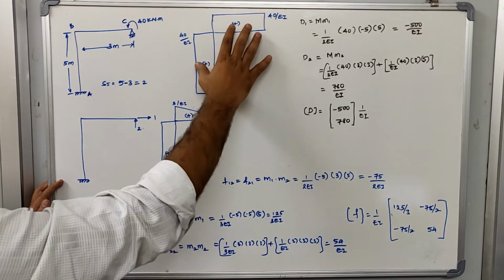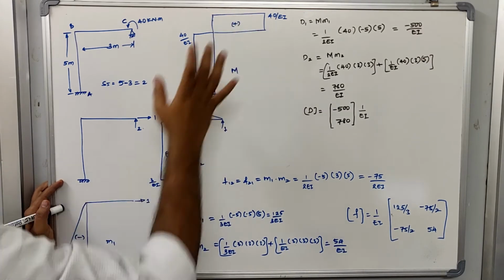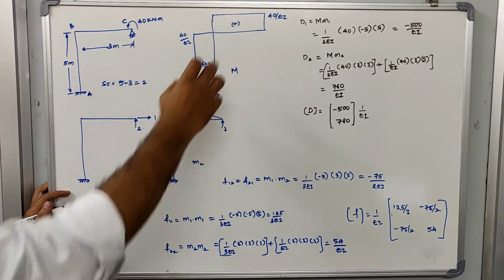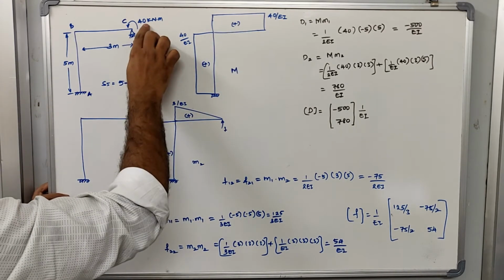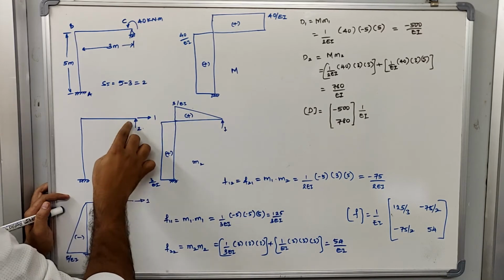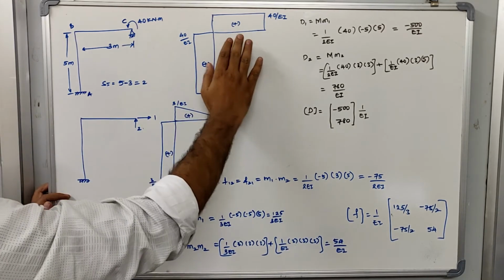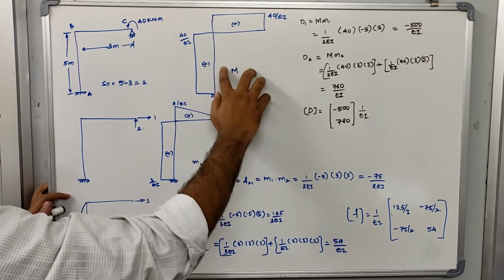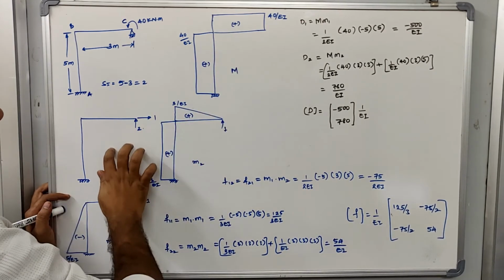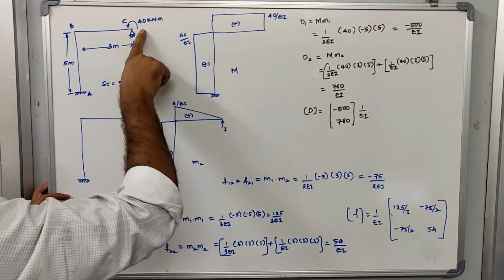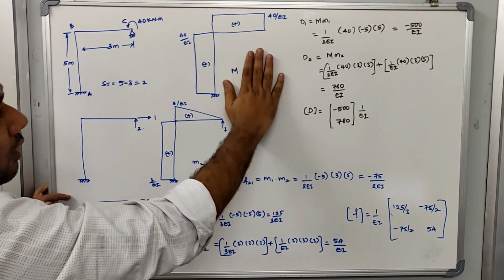This is the bending moment diagram solved for this frame when a moment of 40 kilonewton meter is applied at joint C. I will call this bending moment diagram capital M, the bending moment diagram calculated on the frame by application of the external load.